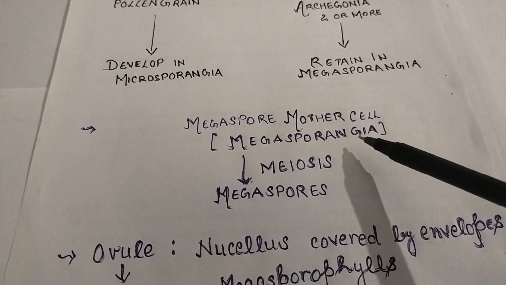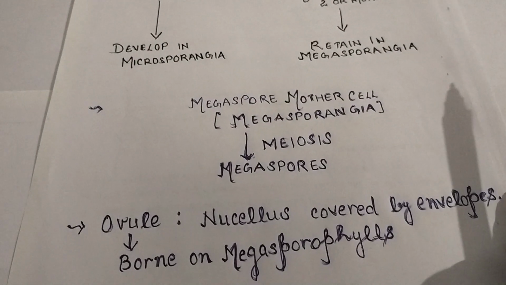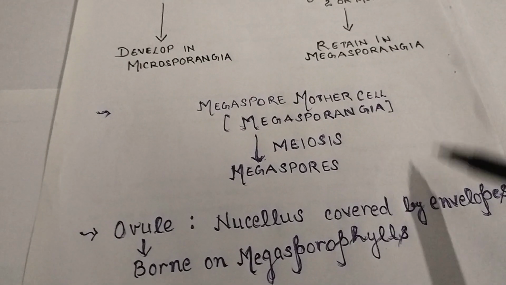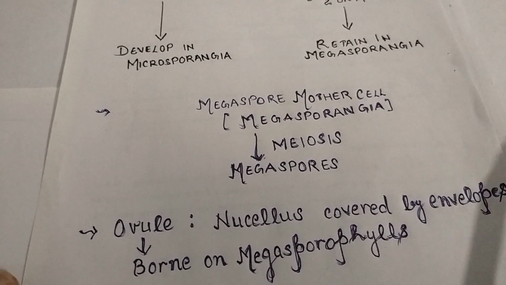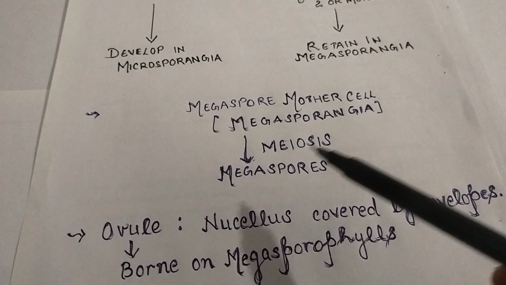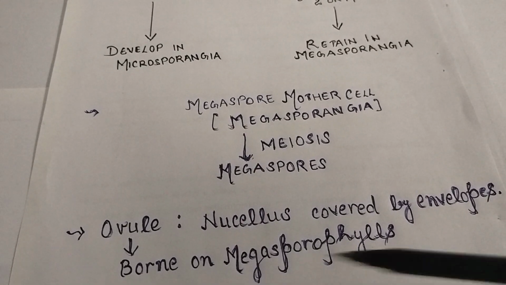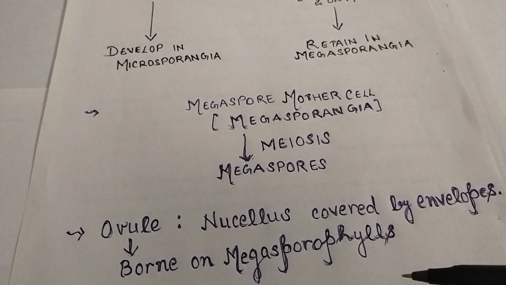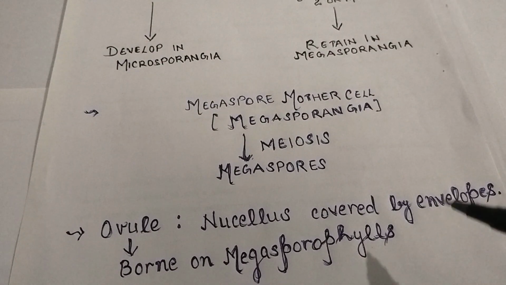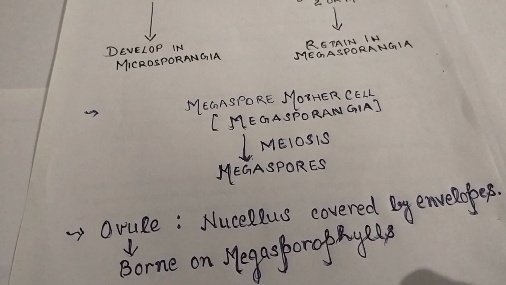All these things take place in sporangia. Now what happens? The nucellus, the specific structure, is covered by some envelopes, some coverings, and this composite structure is called an ovule. And where is it present? It is borne on the megasporophyll. These megasporophylls may be clustered to form the female cones.